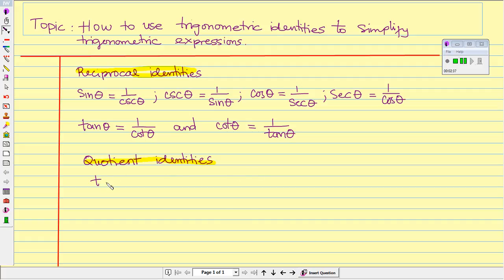In this case, we have tangent of the angle theta is sine of the angle theta divided by cosine of the angle theta. And the second identity is cotangent of the angle theta is cosine of the angle theta divided by sine of the angle theta.